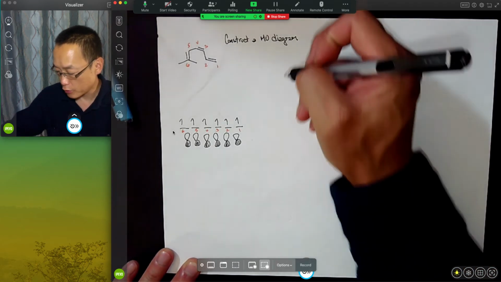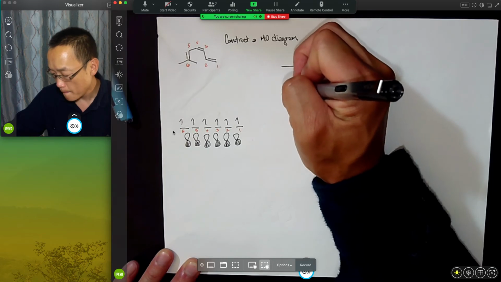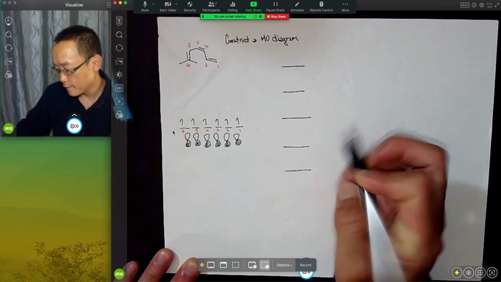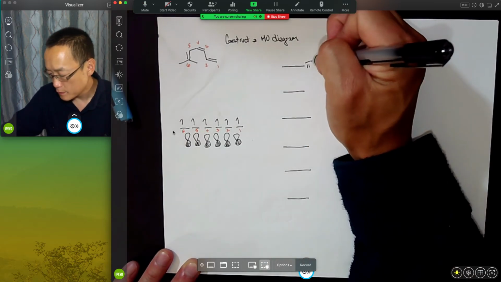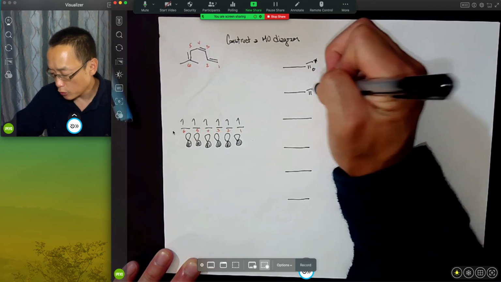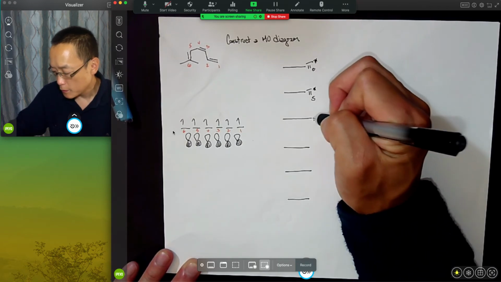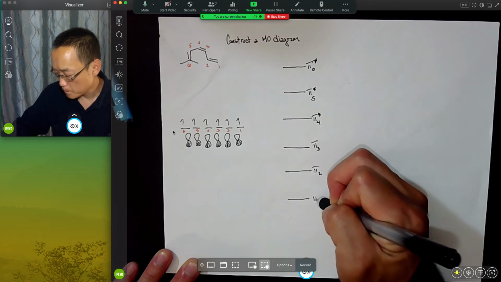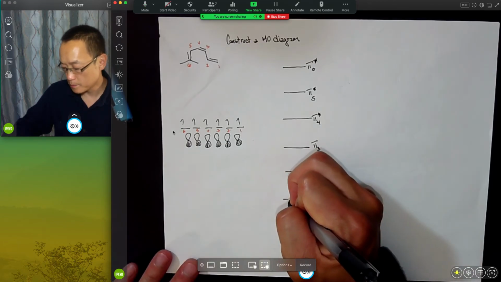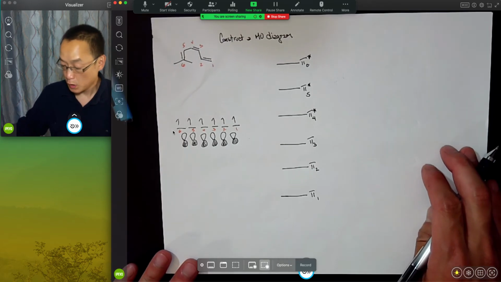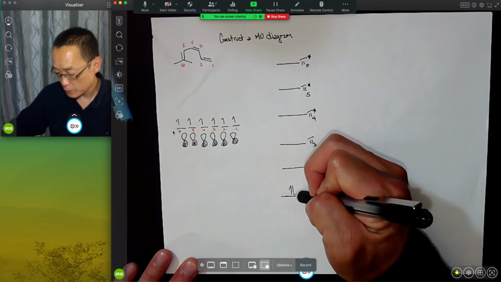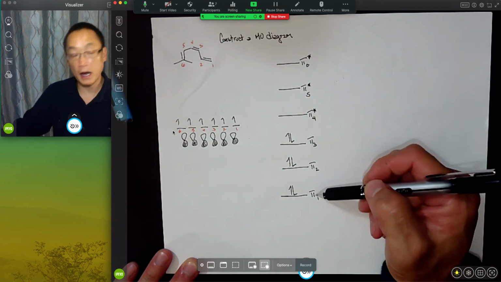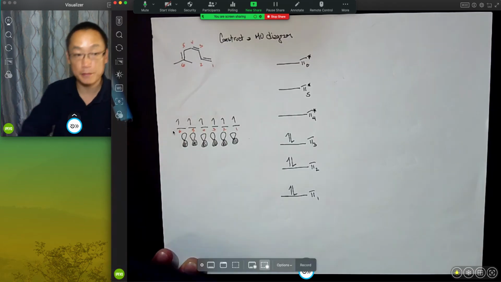We know that there will be a total of 1, 2, 3, 4, 5, 6 total molecular orbitals that are part of this system, of which all of these are bonding orbitals, all of these are anti-bonding orbitals.